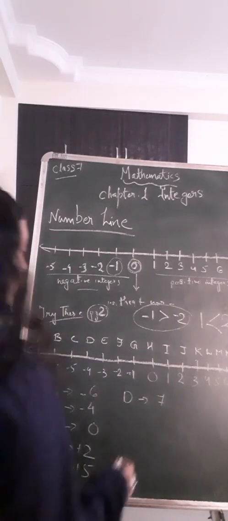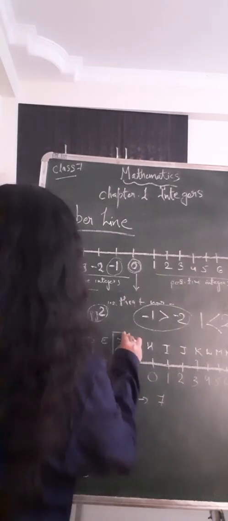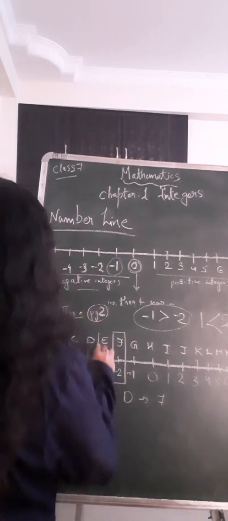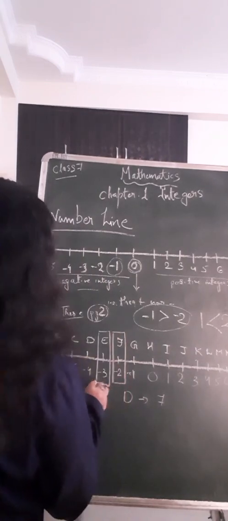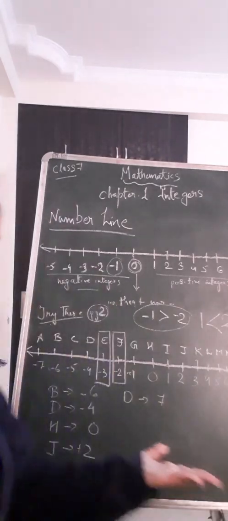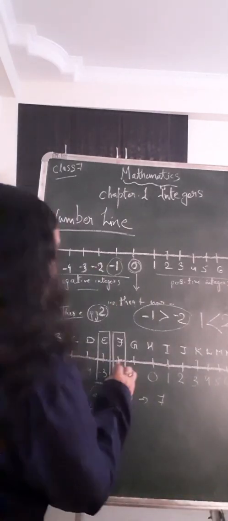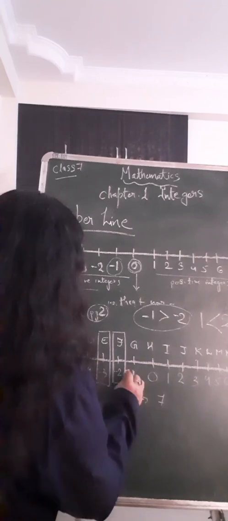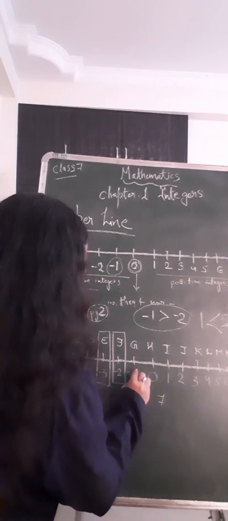Now children, in your book F is given. The F point is your -2 and the E point is your -3. So the rest of the values we will have to place ourselves. So let us see. Children, before -2, it will of course be -1, isn't it?